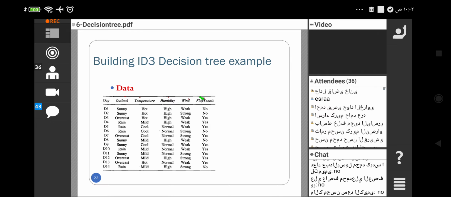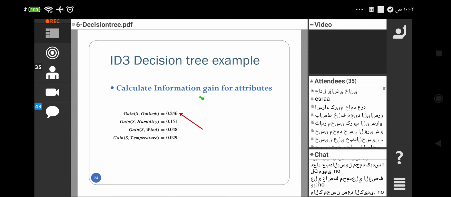So the first two conditions are not true. And the third condition, is the attribute empty? No, we have 4 attributes: outlook, temperature, humidity, and wind. We want to start to build the tree, so none of those conditions are true.